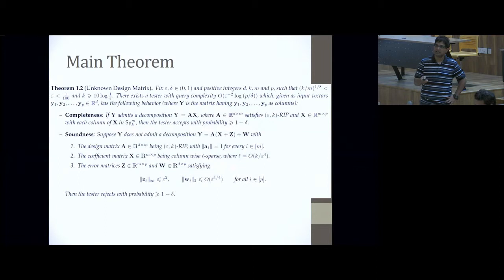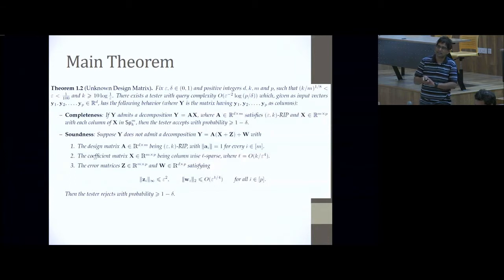And these matrices Z and W are small in the sense that Z is small entry-wise, and W has each column being of small L2 norm.